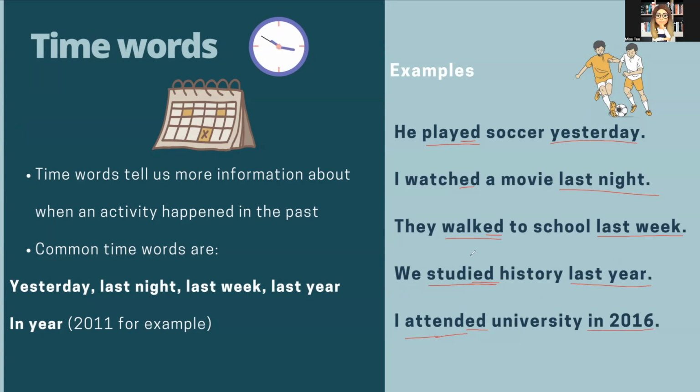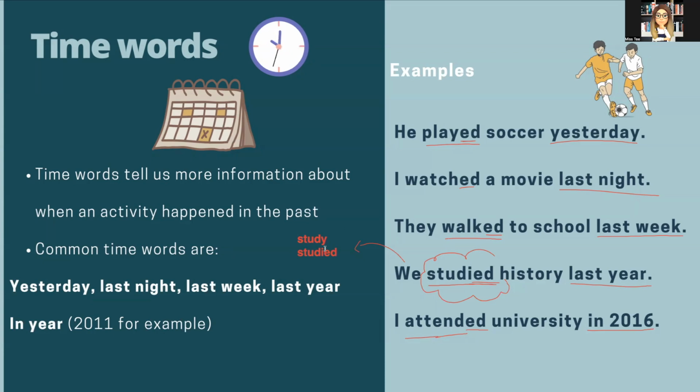Now I'm going to bring your attention up to this word here, studied. Whenever we have a verb that ends in a Y, so study is the base form of the word and it ends in Y, when we have to put that in past form, we actually remove the Y and replace it with I and then add ED.